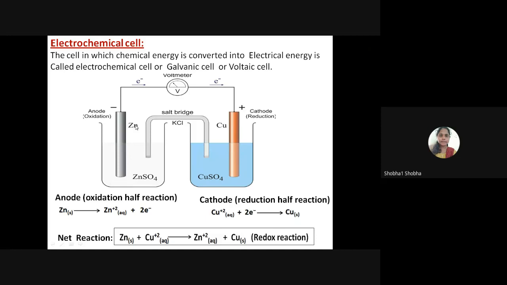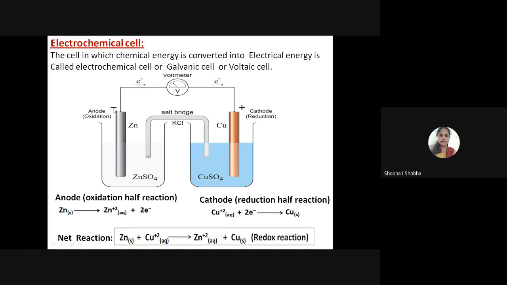Electrons are generated at this anode and move from here to here, so the anode is named the negative terminal, whereas the cathode, accepting electrons and attracting cations, is given as the positive terminal. This positive and negative symbol has nothing to do with anything, it is just to remember.